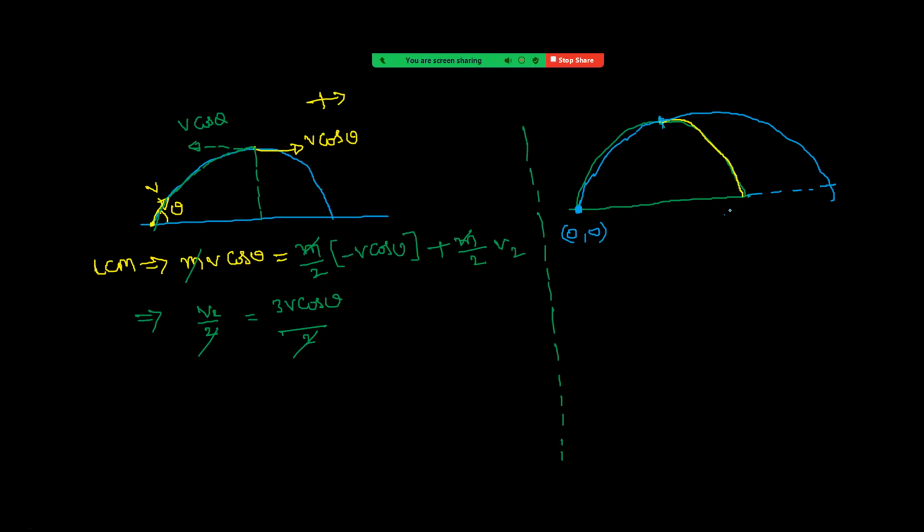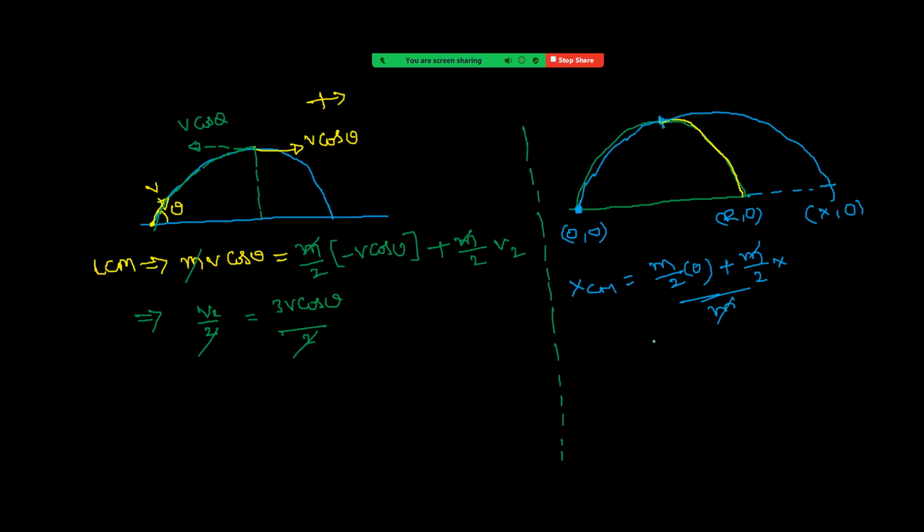Then the coordinates for the center of mass are (R, 0). For the second fragment, let us take the coordinates as (x, 0). Now x_cm is equal to m1 x1 plus m2 x2 upon total mass. The first fragment is at the origin, so it is m by 2 into 0, plus m by 2 into x, which we have to calculate, upon total mass.